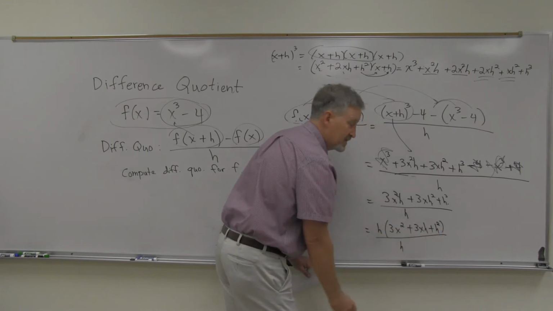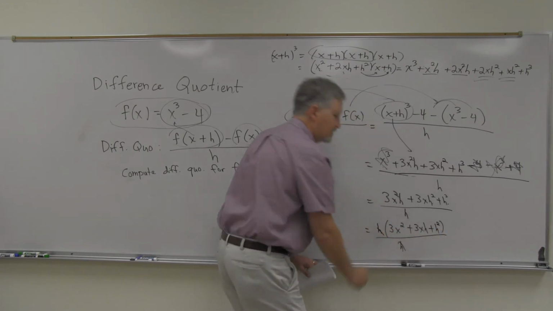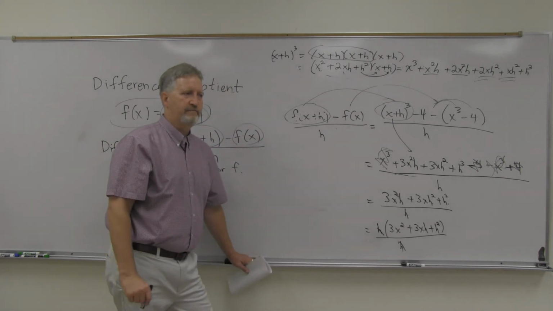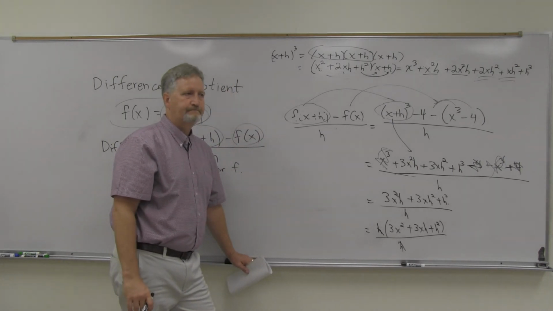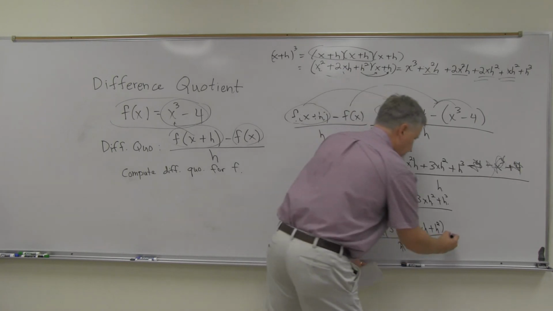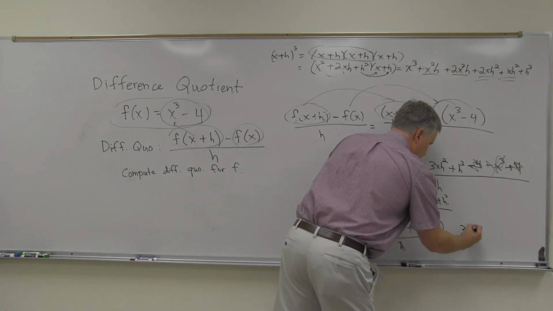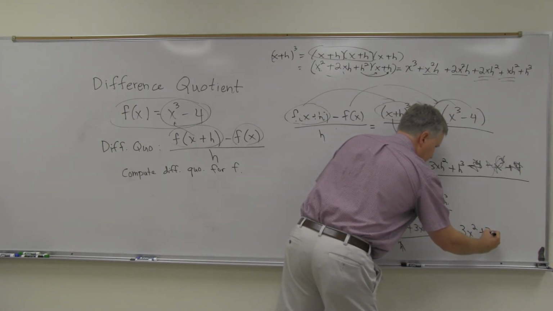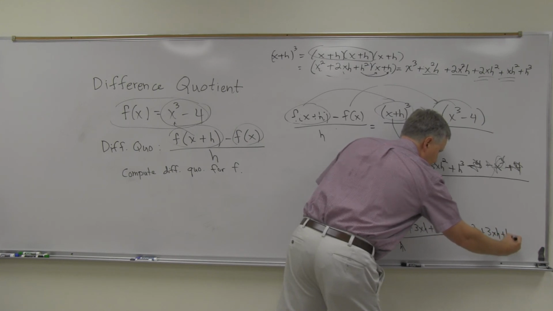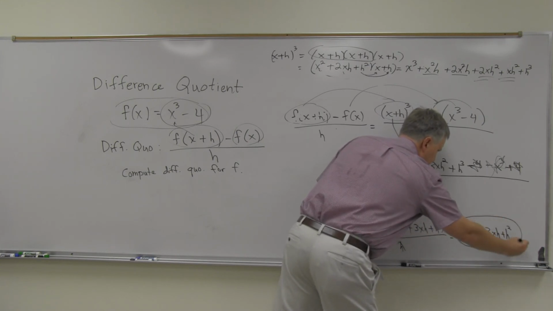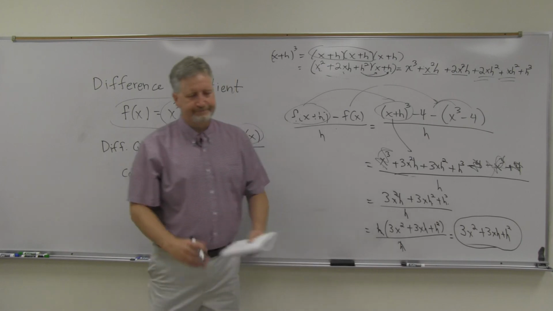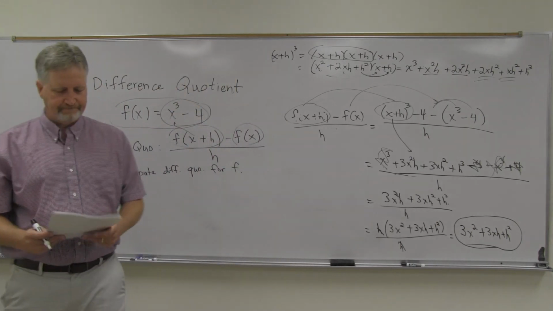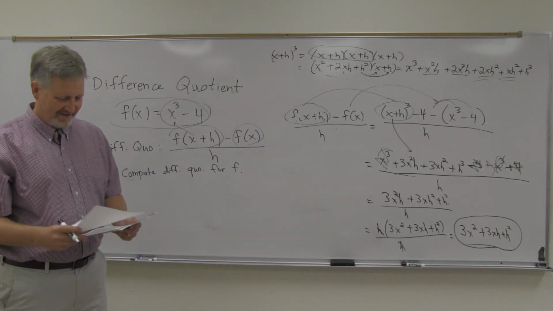And doing that means we can then cancel the h on the bottom. So we have our final answer: 3x squared plus 3xh plus h squared. A little bit of a process, but not too bad.